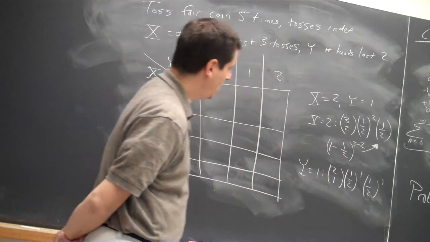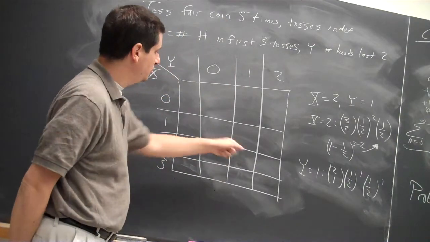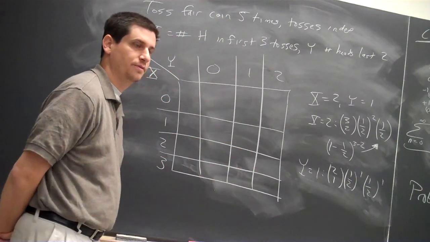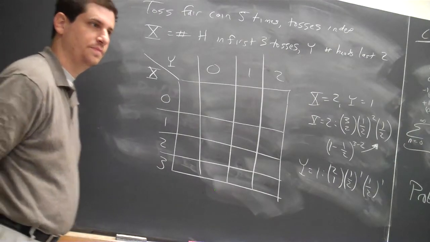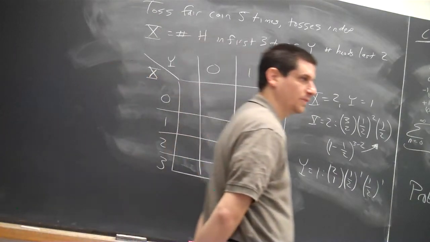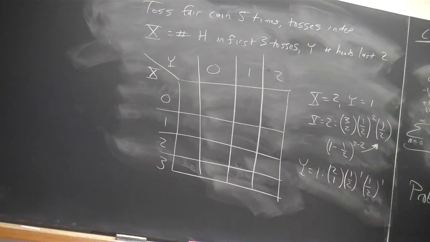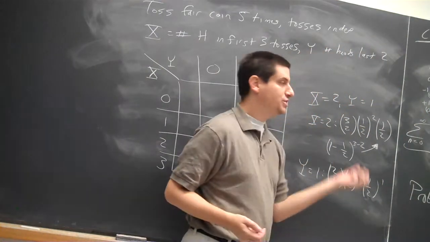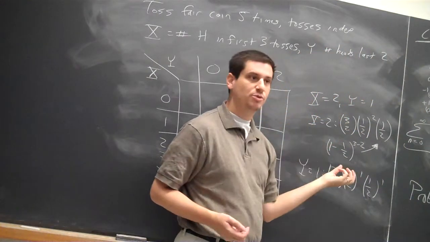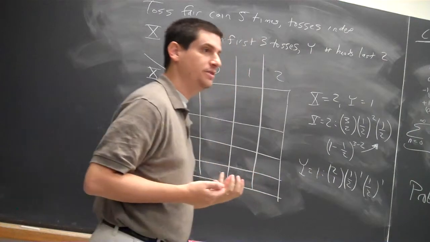So how would I now calculate the probability that X equals 2 and Y equals 1? Can I just multiply those probabilities? They're independent, right? The probability that X equals 2 and Y equals 1 is the probability that X equals 2 times the probability Y equals 1, because they're independent.